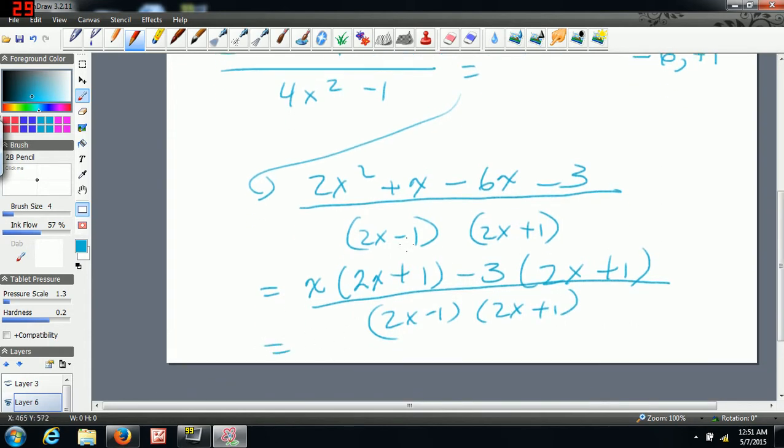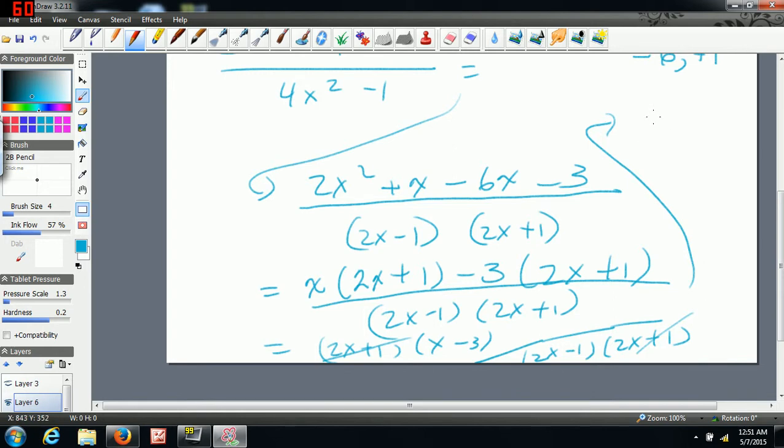And then I notice this is common, so I can factor that out: 2x plus 1, x minus 3, divided by 2x minus 1, 2x plus 1. At this point, I see that these two, the 2x plus 1, would cancel. So I'd be left with x minus 3 over 2x minus 1 as my final answer.